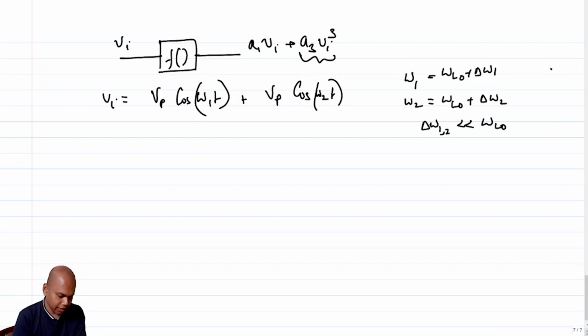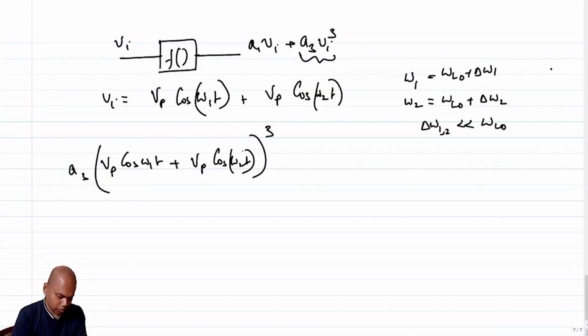So if I expand the cubic nonlinearity, what will I get? Vp cosine omega 1t plus Vp cosine omega 2t, and here I have a3 times the whole cube.